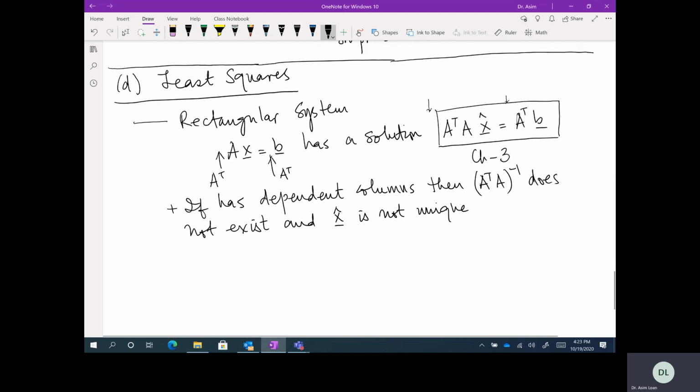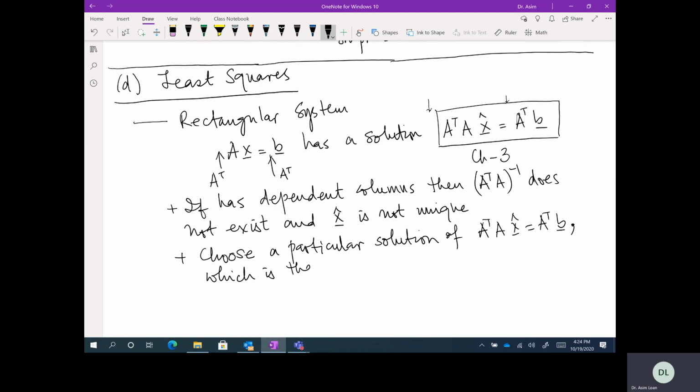If you recall, X hat is P times B, is not unique. So what did we do? You choose a particular solution of A transpose A, X hat equals A transpose B, which is the shortest.